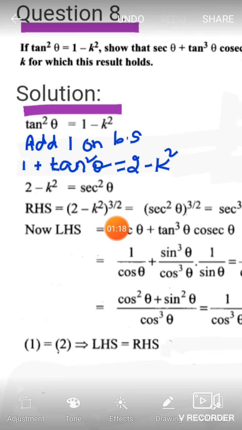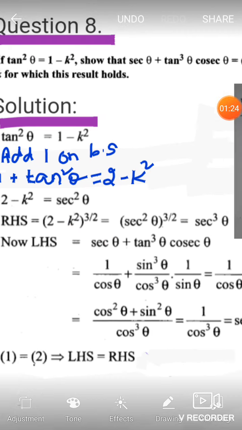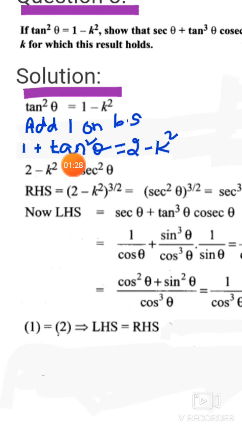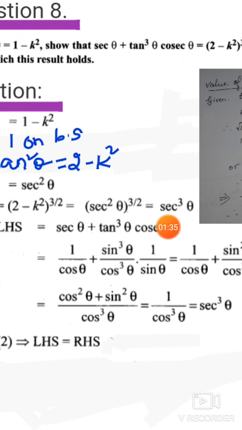Here secant square theta the whole power 3 by 2 becomes secant cube theta, because the 2 will get cancelled. So this is what you got as the value of the right hand side.